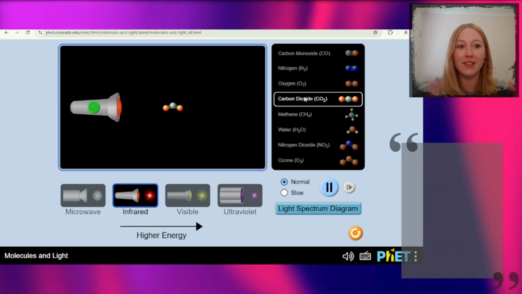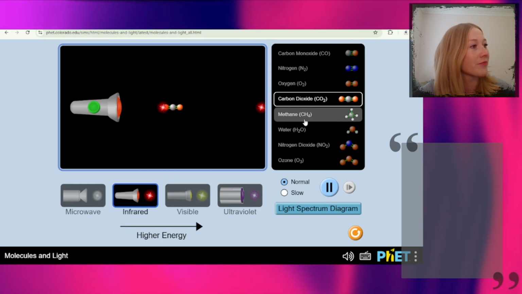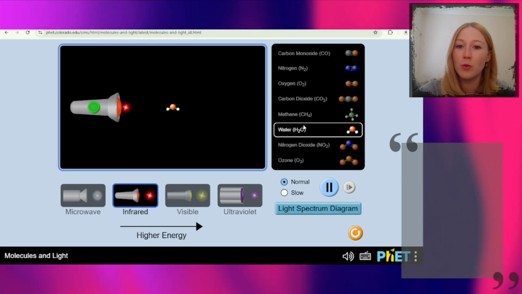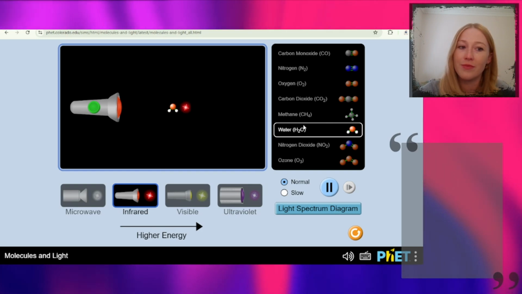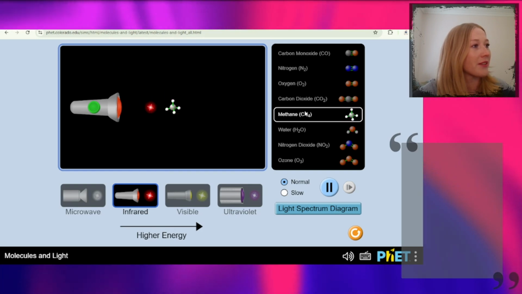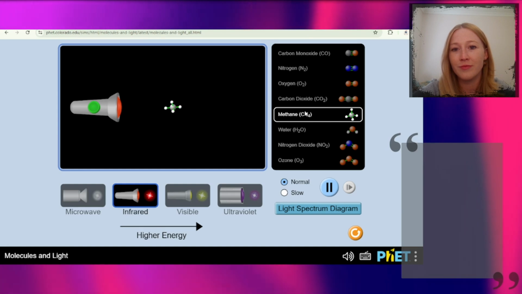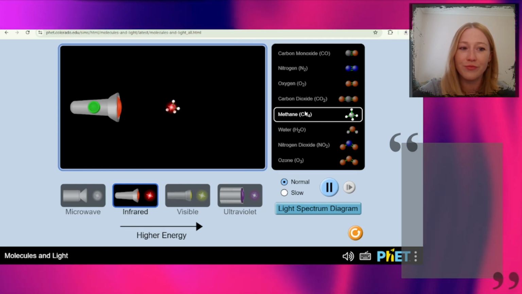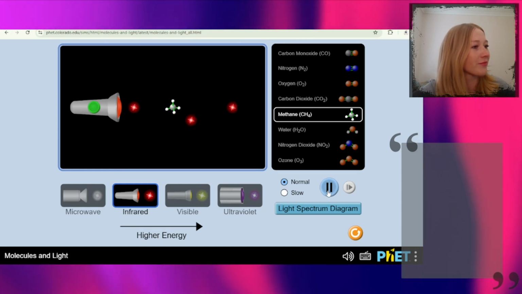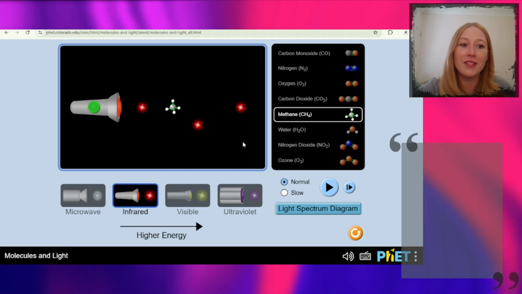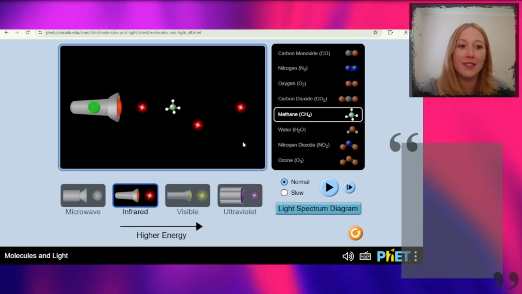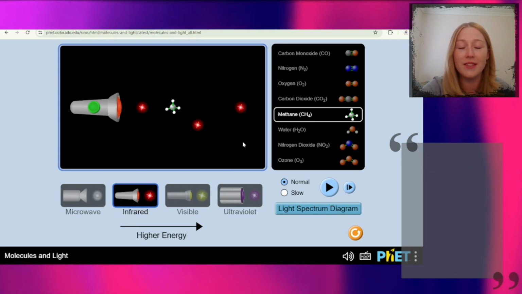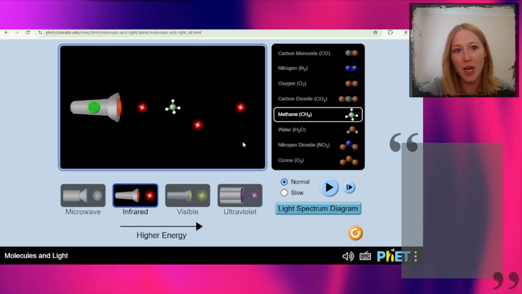And it scatters it into different directions. Let's try water. Same thing. Methane. There we go. So you can see how these different gases, these particular greenhouse gases, interact with these different types of light.